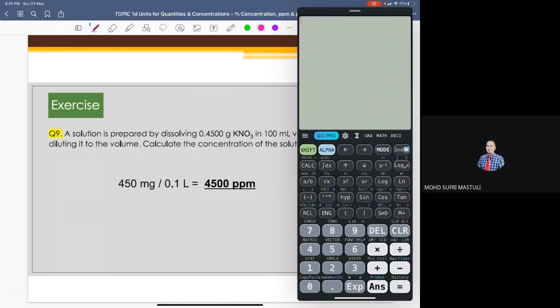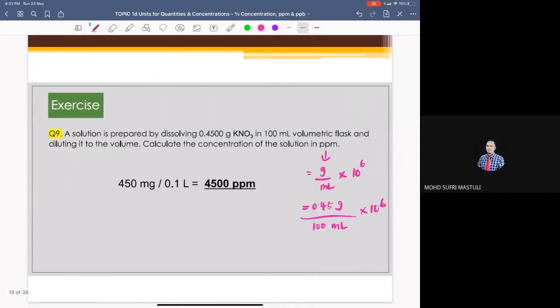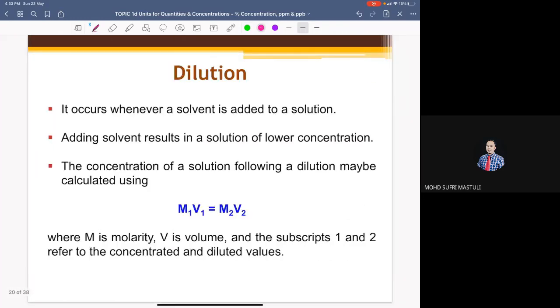So 0.545 divided by 100 times 10 to the power of 6. So 4,500 ppm. Okay, all right.